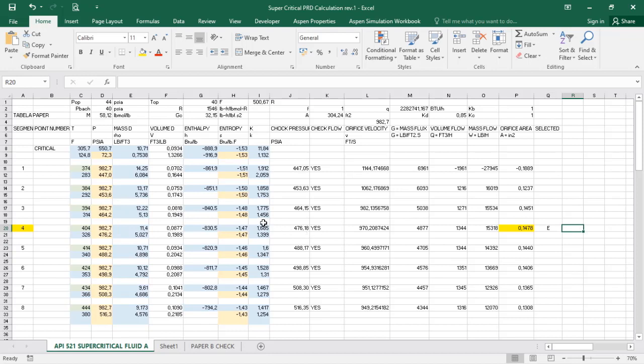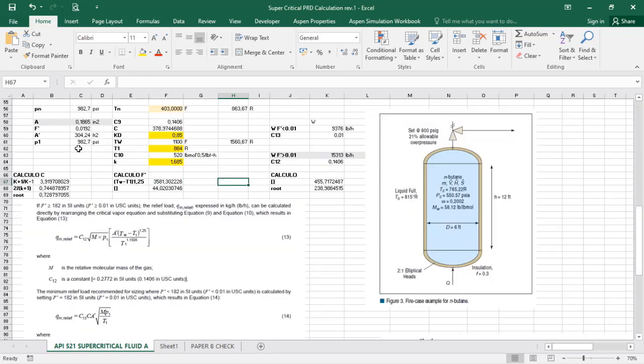And we can verify what is the orifice size based on the API standard with the new CpCv. So if I update this information there, with these three updates, I have the new calculation for the orifice that increased a little bit in terms of orifice size, but in terms of relief required, it increased a lot.